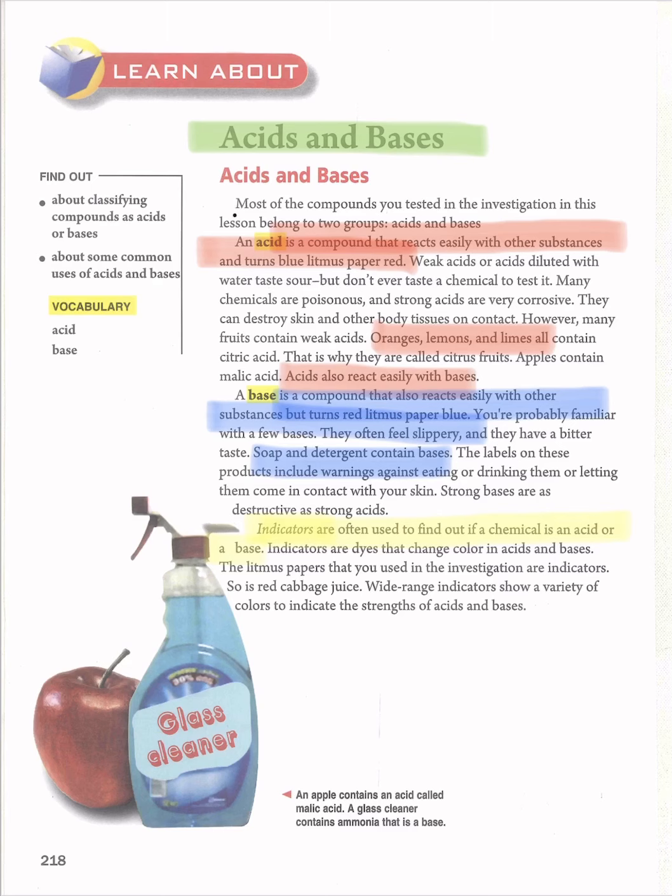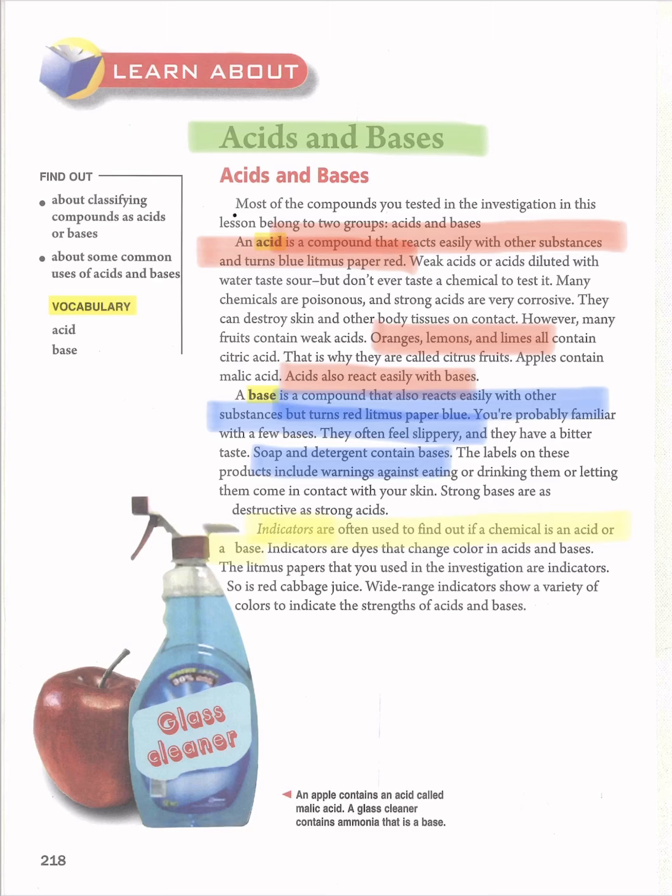The taste of acid compounds is sour. But don't ever taste chemical compounds. Be careful, because they are dangerous, the chemicals are poisonous, and they can destroy skin and other body tissue.